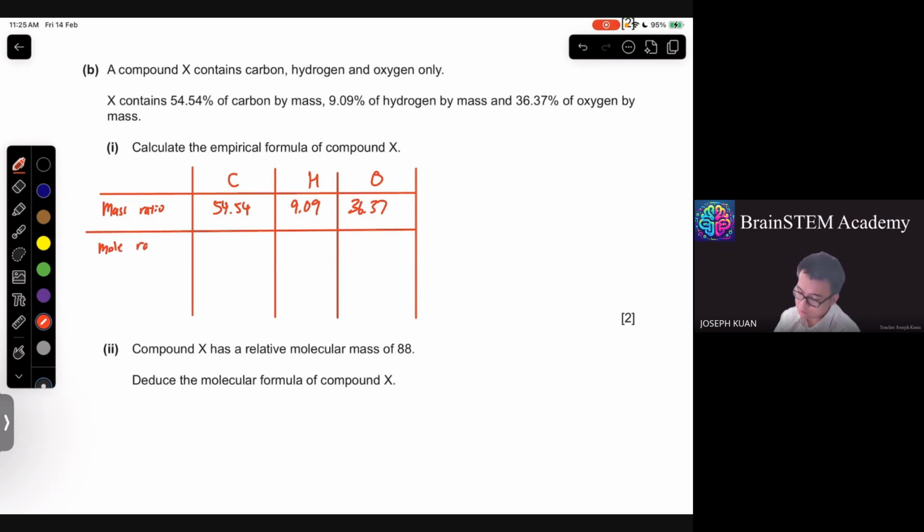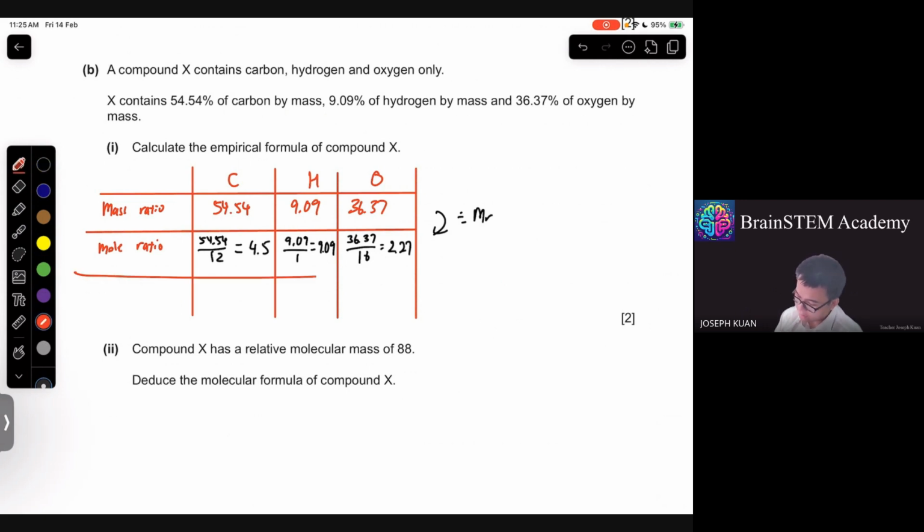Step 2, we have to find the mole ratio. To convert mass to mole ratio, all we need to know is that we have to divide by the molar mass of individual elements. In that case, it's 54.54 divided by 12, 9.09 divided by 1, 36.37 divided by 16. These are the relative atomic masses of the individual elements, which then you find is equal to 4.5, 9.09, and 2.27.